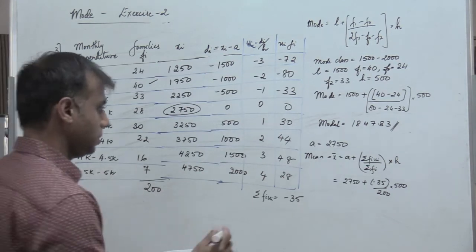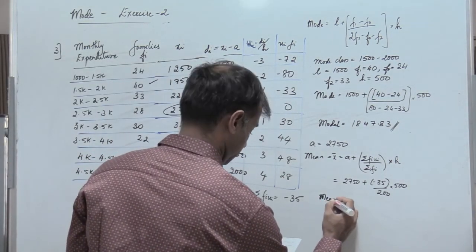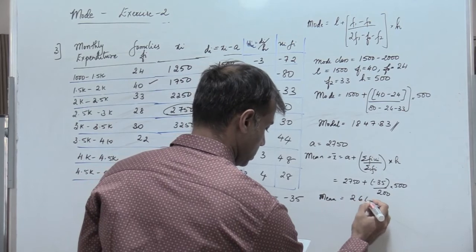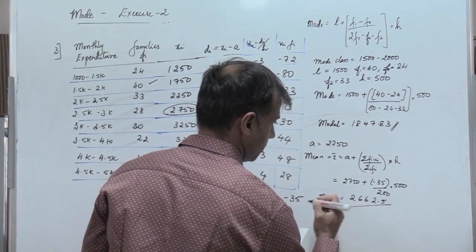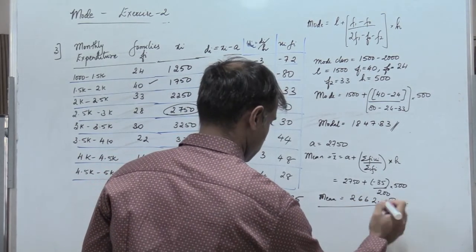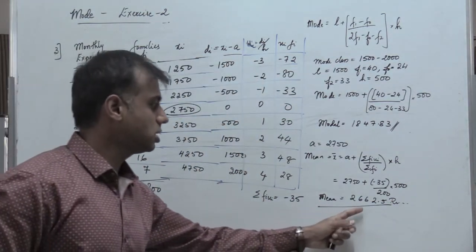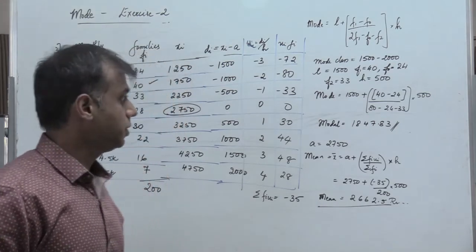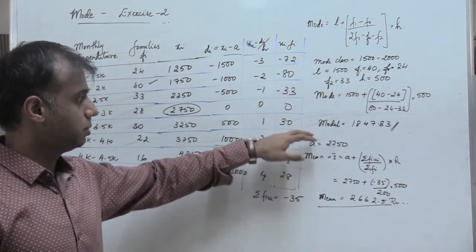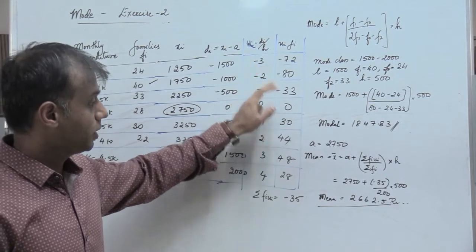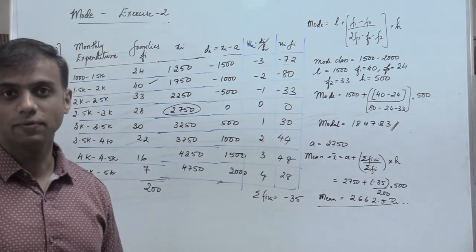Ultimately we get the mean value as 2662.5 rupees. So the mean expenditure of all the 200 families would be 2662.5 rupees. We find that there is a considerable difference between the modal expenditure of the families and the mean value.